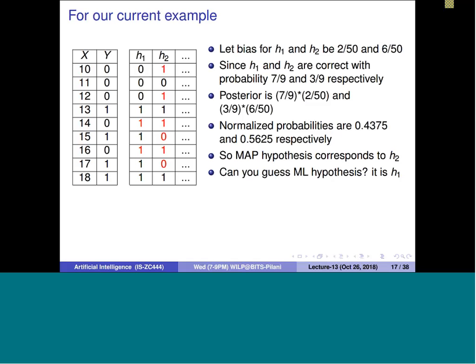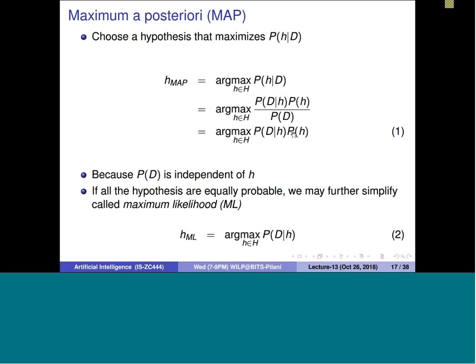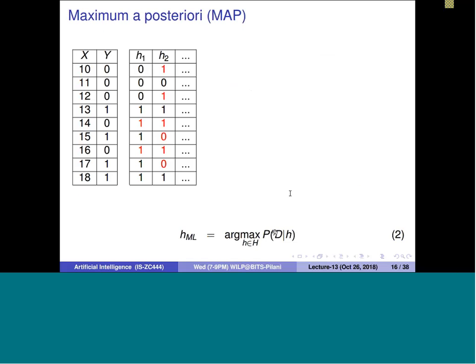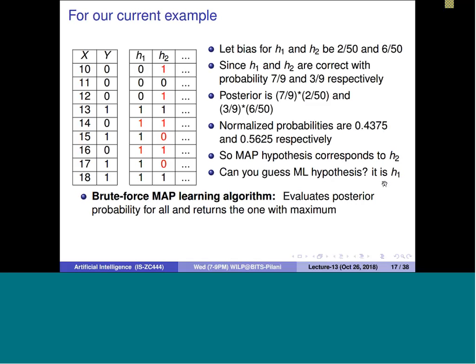So H1 is the ML hypothesis and H2 is the MAP hypothesis, because the MAP hypothesis maximizes the probability of data multiplied by the initial prior value that is provided to you. The ML hypothesis doesn't see that anything previous is there. I only see what is current. On the current data, this particular H1 is better. So the ML hypothesis is H1.